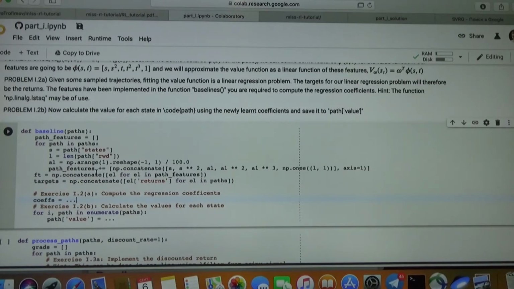Here we already have features, the FT matrix, and we have targets. I forgot to say, you can implement here just a simple linear regression by minimizing mean squared error.